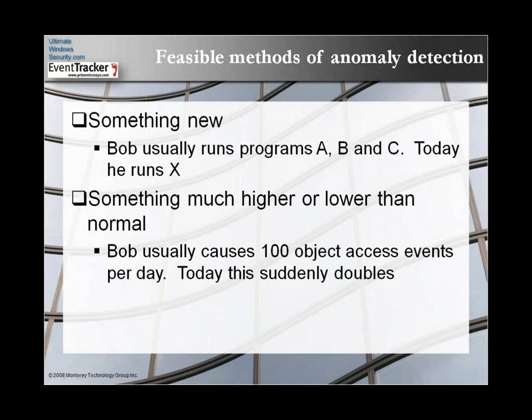On the other hand, let's say Bob usually causes about 100 object access events per day. That's the baseline that we've come up with. Today, that suddenly doubles. So that's something either much higher or much lower than normal. Those are the 2 simple, feasible methods of anomaly detection that we're going to talk about today.